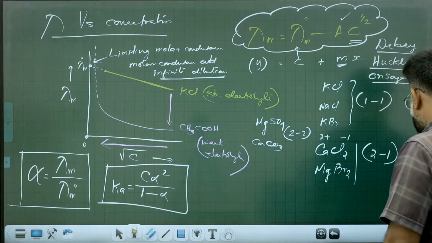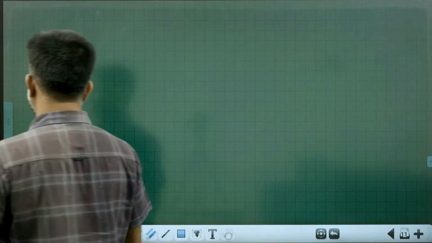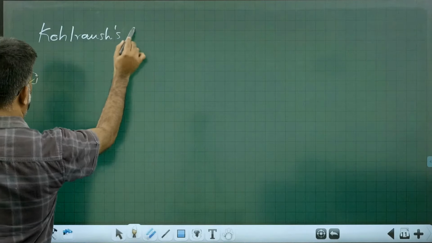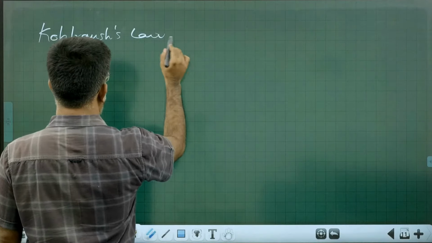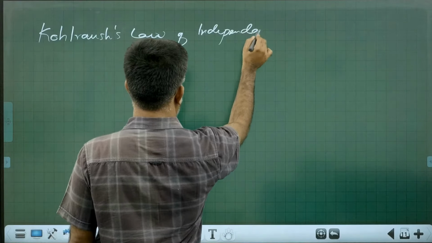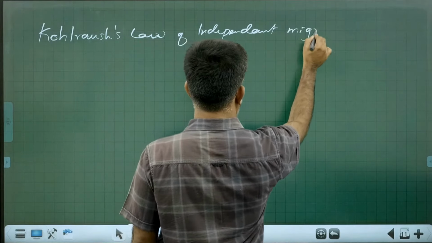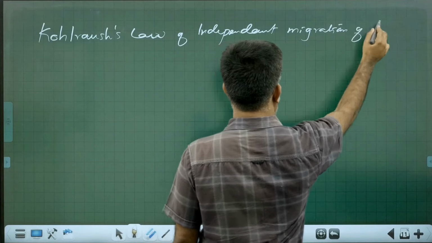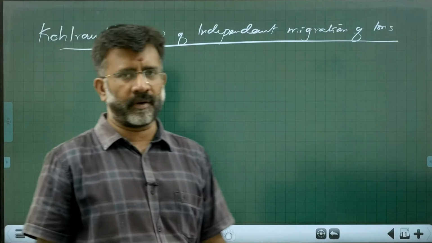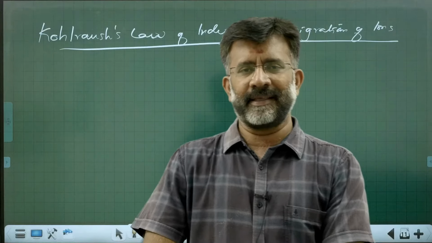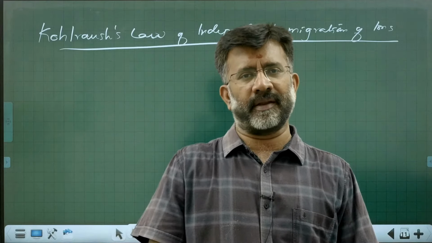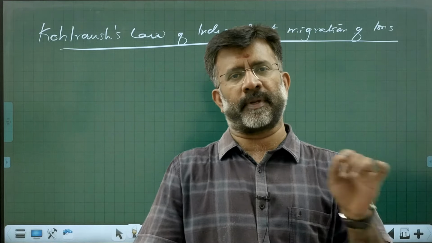Now, how to find lambda naught for a weak electrolyte is done by Kohlrausch's law. Kohlrausch's law of independent migration of ions states that the limiting molar conductance of an electrolyte will be the sum of the limiting molar conductance of the individual ions present.